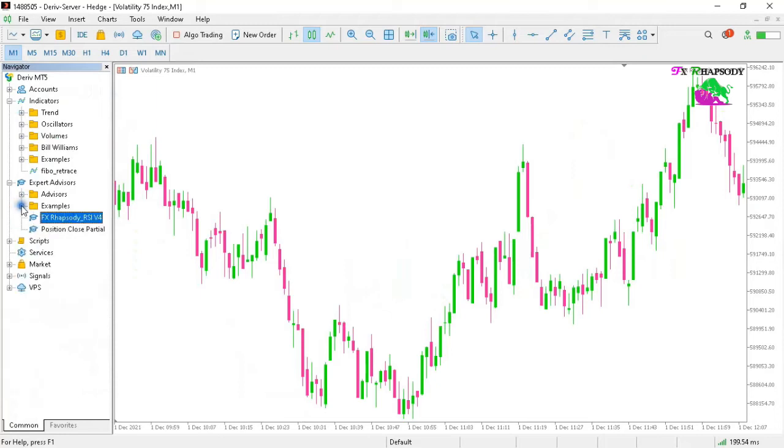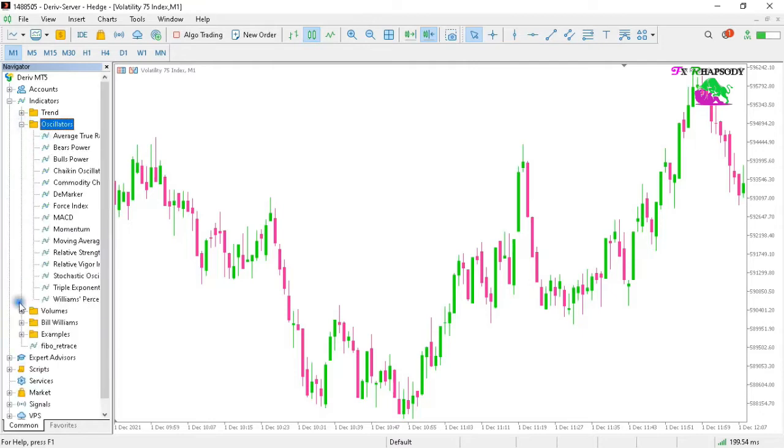First, go to oscillators and add your relative strength index, your RSI. Click on it and drag it across.